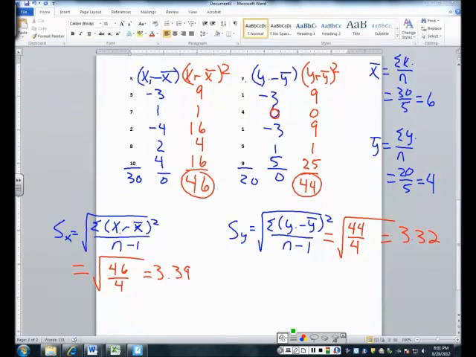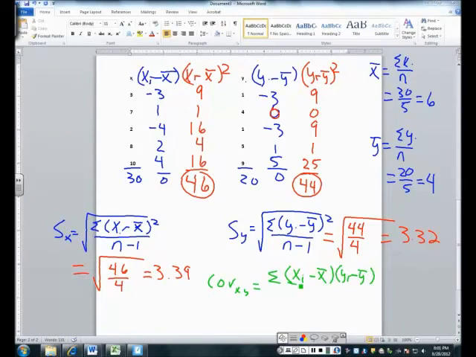Okay, so the next thing in the problem that it asks you to compute is the covariance. And here's the formula for covariance. COV xy is equal to the sum of the cross products, the sum of the product of the x and y deviations.